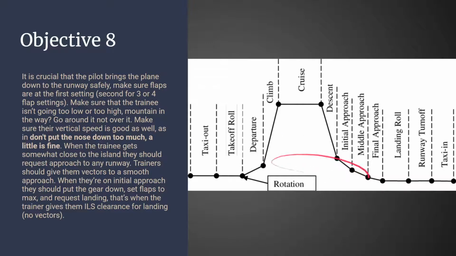And that applies to every other airport too, although initial approach is different for every airport. It's just when you get aligned with the runway and you're coming in. Anyways, once they get close enough to the runway, once they're 100% aligned, after vectors, they'll be given ILS clearance. That means no vectors. You're all good to go.